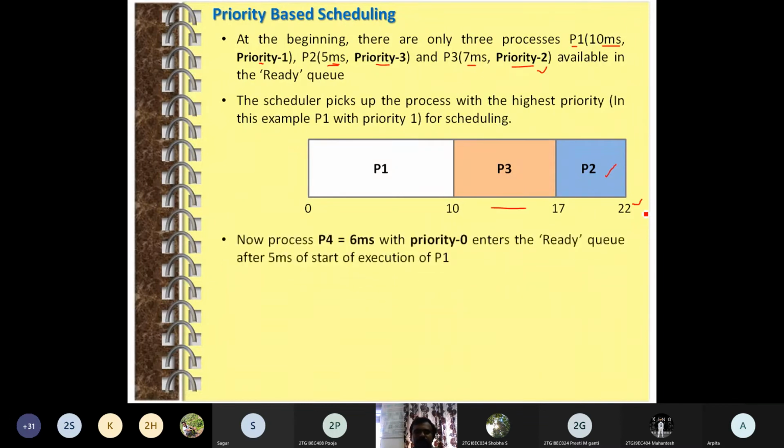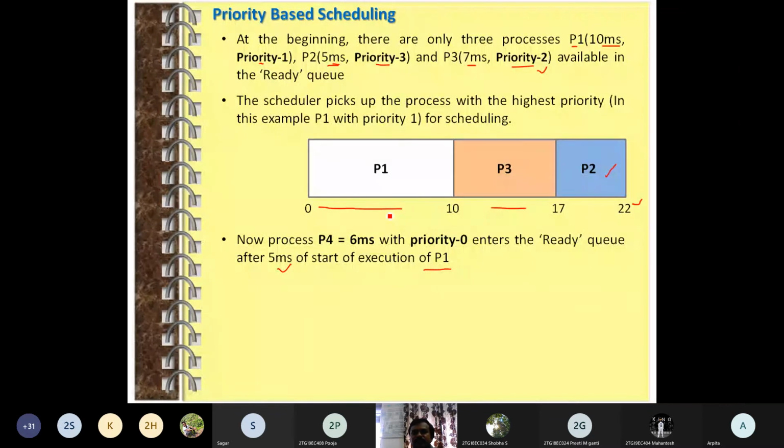Next, there is the condition that the P4 process has entered with a priority of 0 for a period of 6 milliseconds, and it enters 5 milliseconds after the start of execution of P1. But P1 needs 10 milliseconds to complete its process. It begins at 0 and goes on executing.